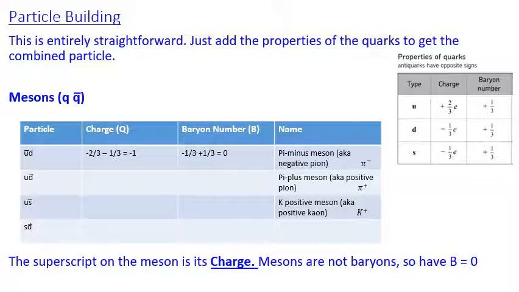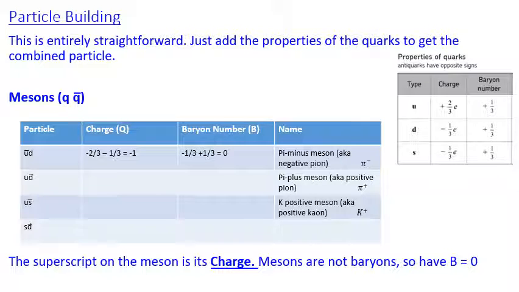They have 0 baryonness. Now, I mentioned earlier about strangeness, and we're going to skirt around strangeness for now. Nevertheless, I just want to point out that the top 2 mesons are pi mesons because they've got 0 strangeness, and the bottom 2 are k mesons because they've got some strangeness.